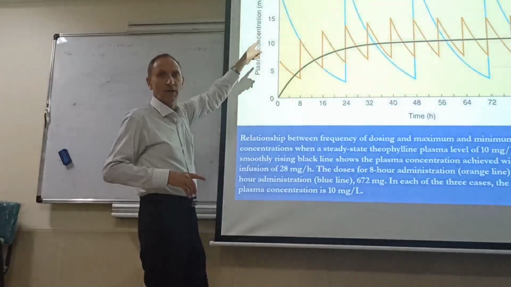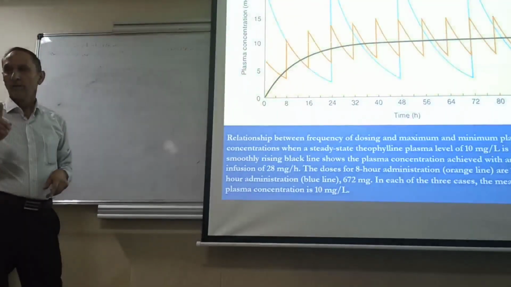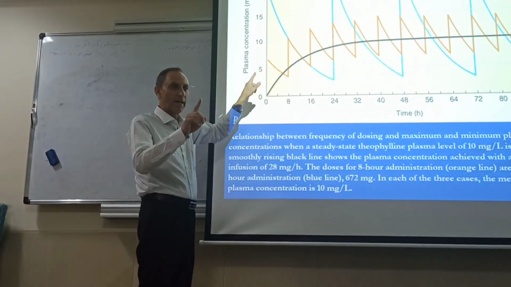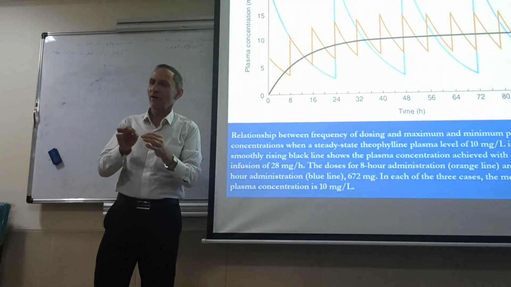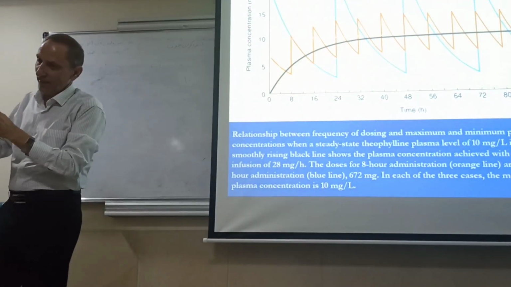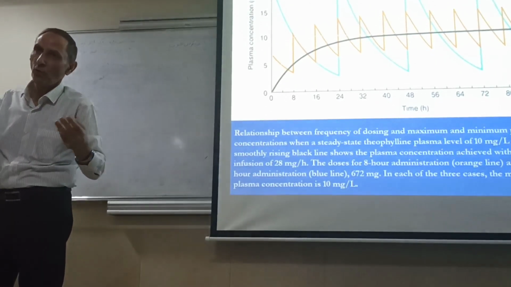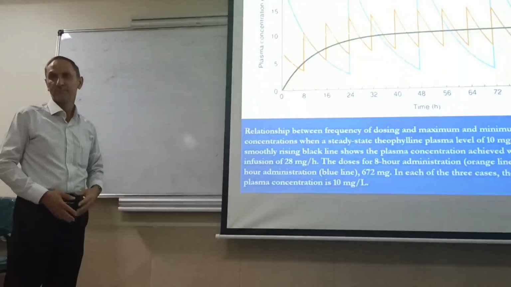We have the blue lines. You want to use here 1 gram each 8 hours. Instead of 8 hours, you say that I use 3 grams for 24 hours. What happens?